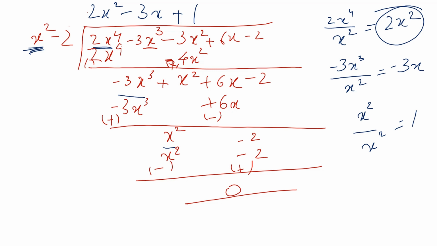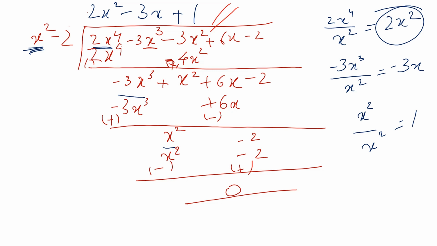So now we have got one more polynomial here, right? This 2x^2 minus 3x plus 1 is the new factor for us.